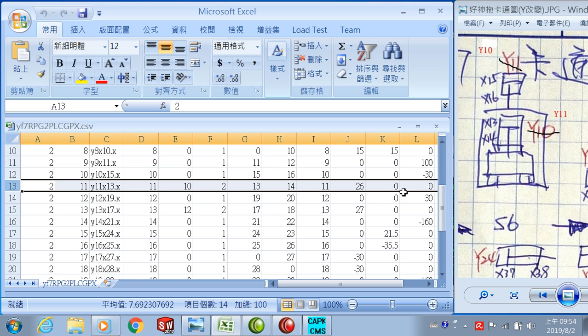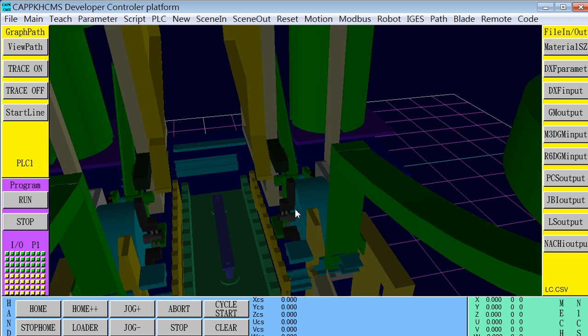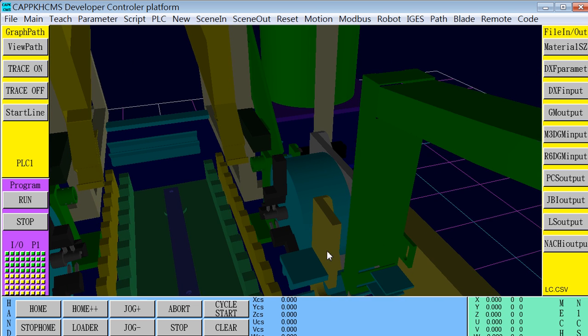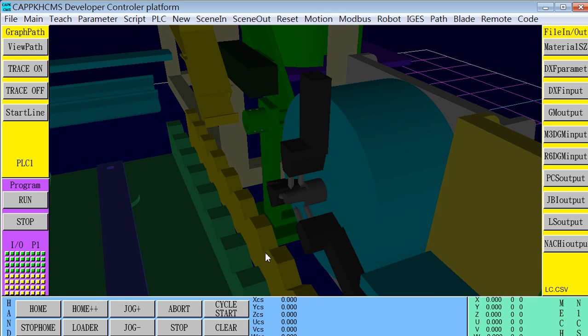Okay, let's see the Y11 on. Watch. Let's enlarge to see these 3 teeth. Y11 on, binding on, Y11 off, on, off.